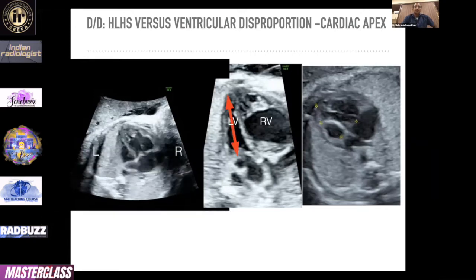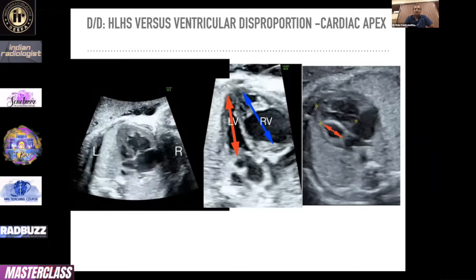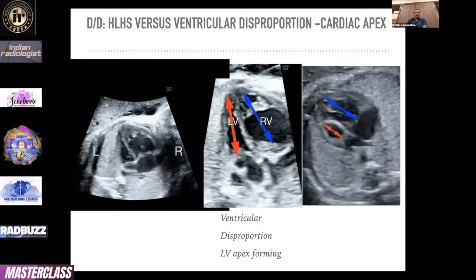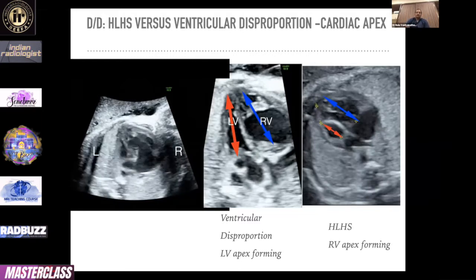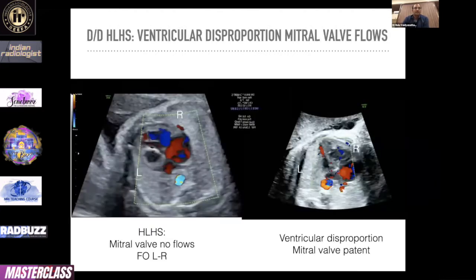So here the LV is forming the apex, while here the LV is clearly stopping short of the apex. In ventricular disproportion, the LV in most cases will continue to form the apex, or sometimes you may have a biventricular apex. While in hypoplastic left heart syndrome, clearly the right ventricle will be the apex forming ventricle.